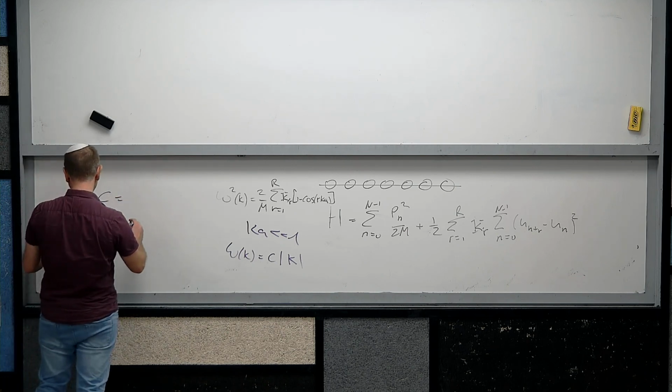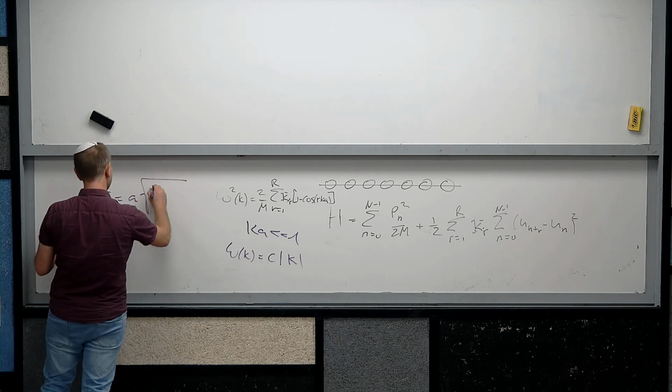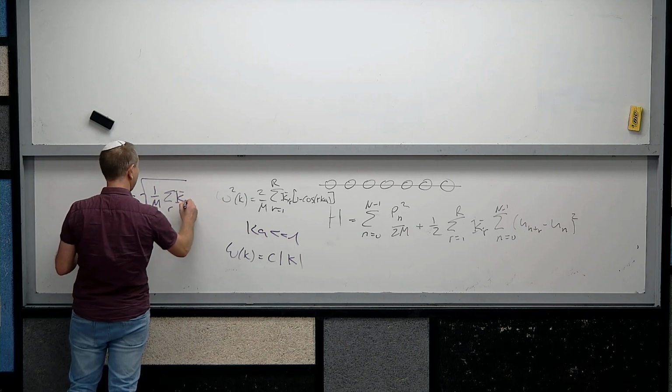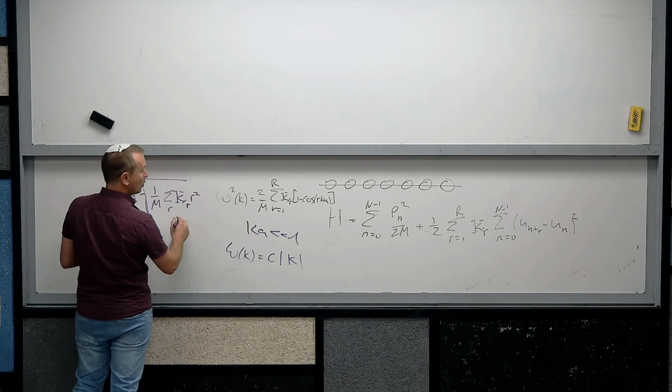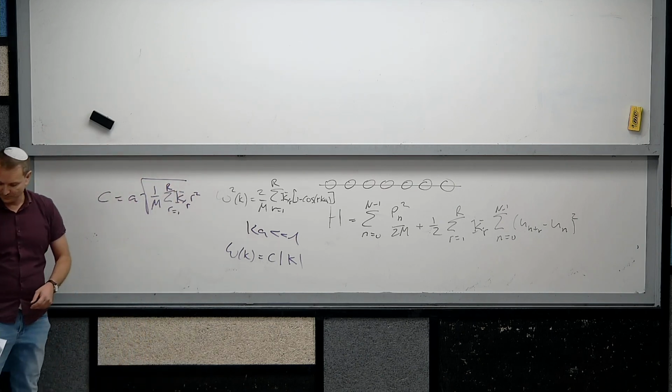And we calculated it, and it was simply a square root of 1 over m summation over r k_r squared, and r goes from 1 to large R.